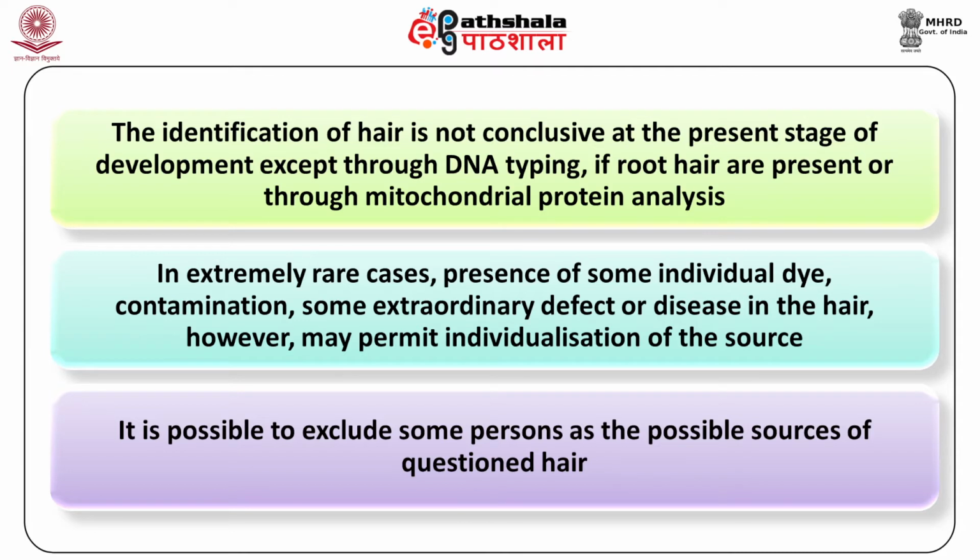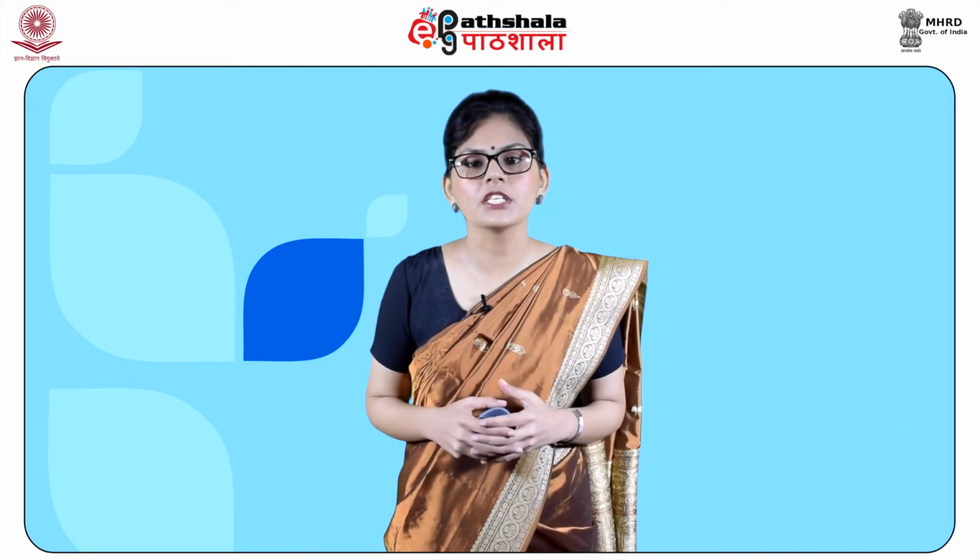In extremely rare cases, presence of some individual dye, contamination, some extraordinary defect or disease in the hair, however, may permit individualization of the source, or on the other hand, it is possible to exclude some persons as the possible sources of questioned hair. This exclusion, the possible corroboration and its identification now with new techniques make the hair evidence one of the important pieces of physical evidence.